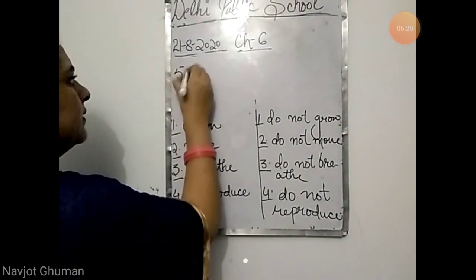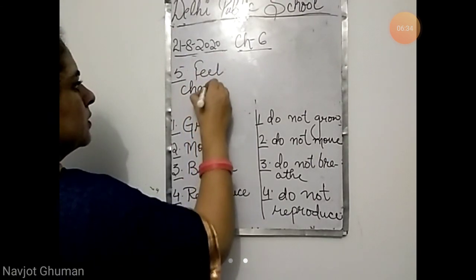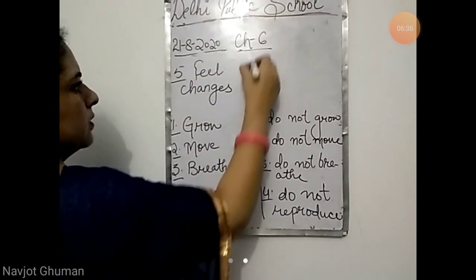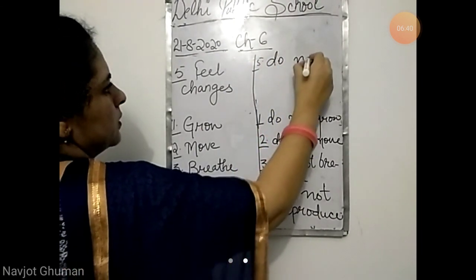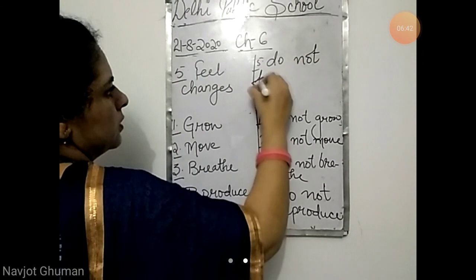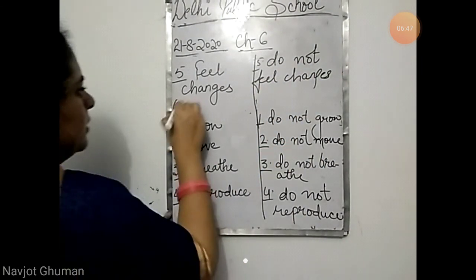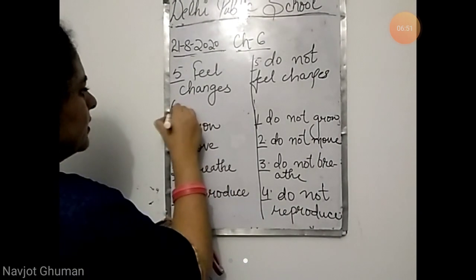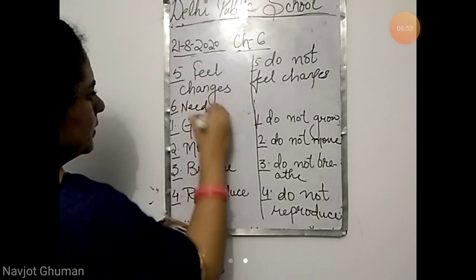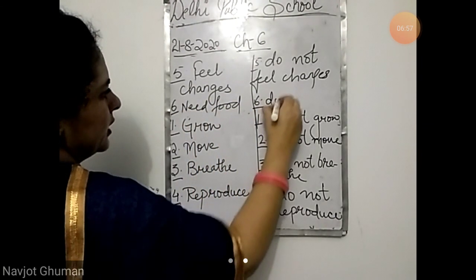Fifth one, living things feel changes, non-living things do not feel changes. Sixth one is living things need food, non-living things do not need food.